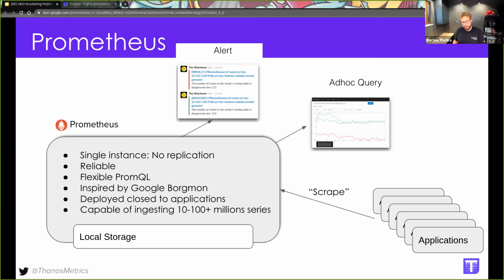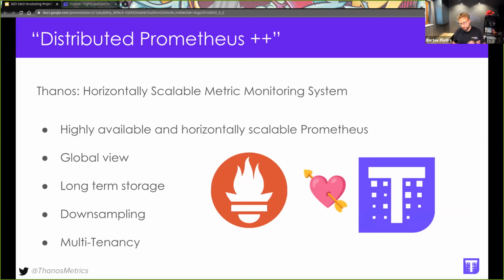And last but not least, we want to make sure that the data is not only on local disk, but we can save it somewhere else, back it up to the cloud ideally, and have those long-term characteristics I was talking about. So this is where we invented, with Fabian Reinhardt, co-creator, together, he was at CoreOS, I was at Improbable, the startup before. We decided to try a different idea and try to have a distributed Prometheus.